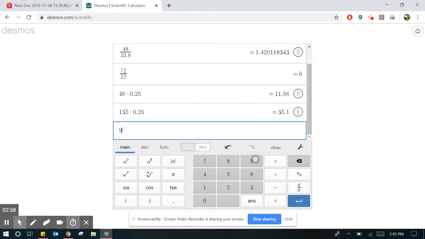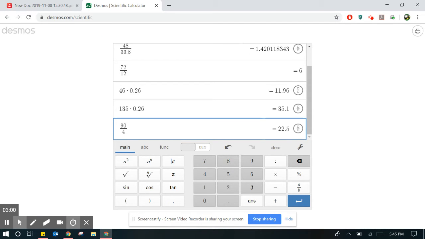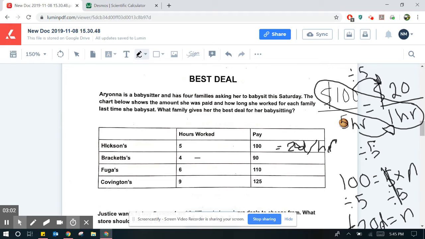So I've got 90 divided by 4, and that gives me 22.5. So Ms. Brackett pays $22.5 per hour.